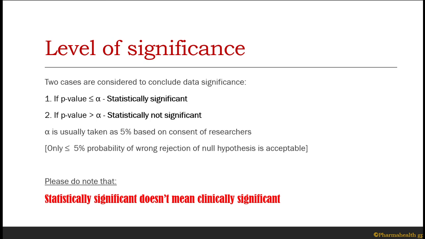Please do note that statistical significance does not mean clinical significance. Clinical significance can be different from statistical significance. How it differs, we will talk about in our next video.